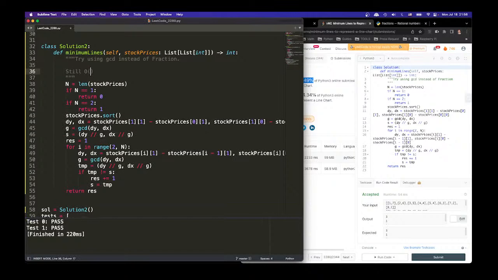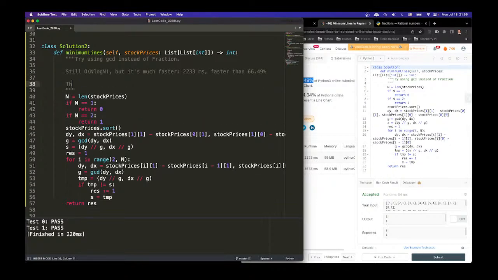Still O(n log n), but it's much faster. So this shows that Fraction has a huge overhead. And then GCD is better.